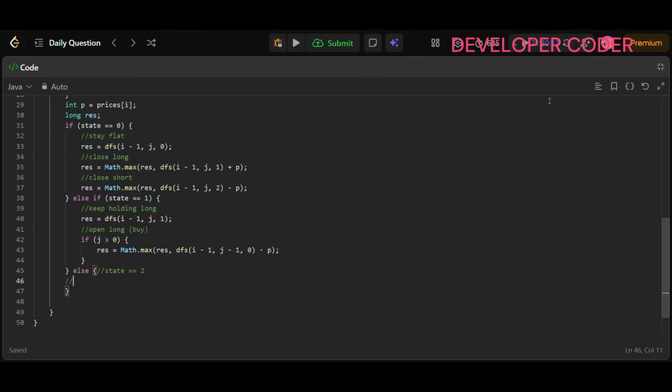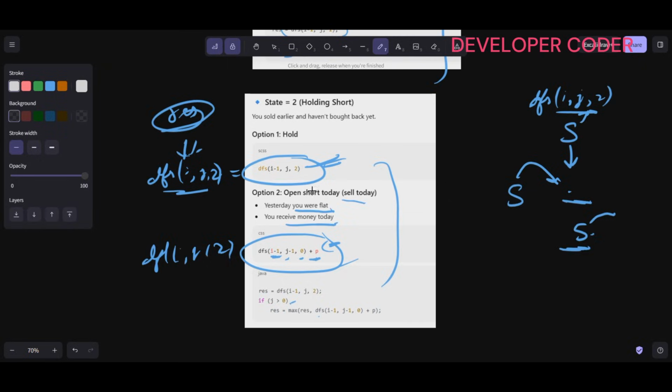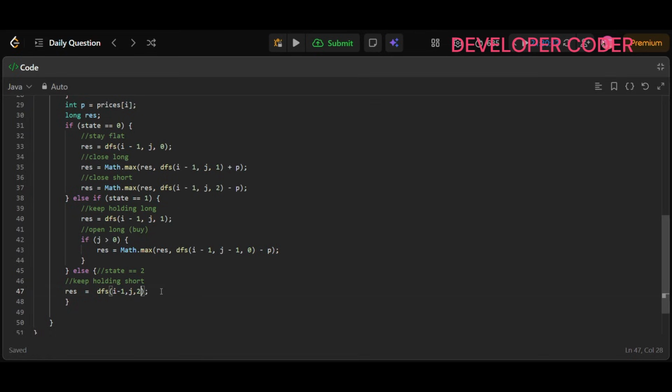One thing is, if you keep holding short, then your result is going to be dfs of i minus 1, j, and 2. If you keep holding short, or if you sell it, then you gain the profit. And here you are opening short today, so there will be a change. Yesterday you were flat, you receive money today, so you are opening, so then j will be decremented.